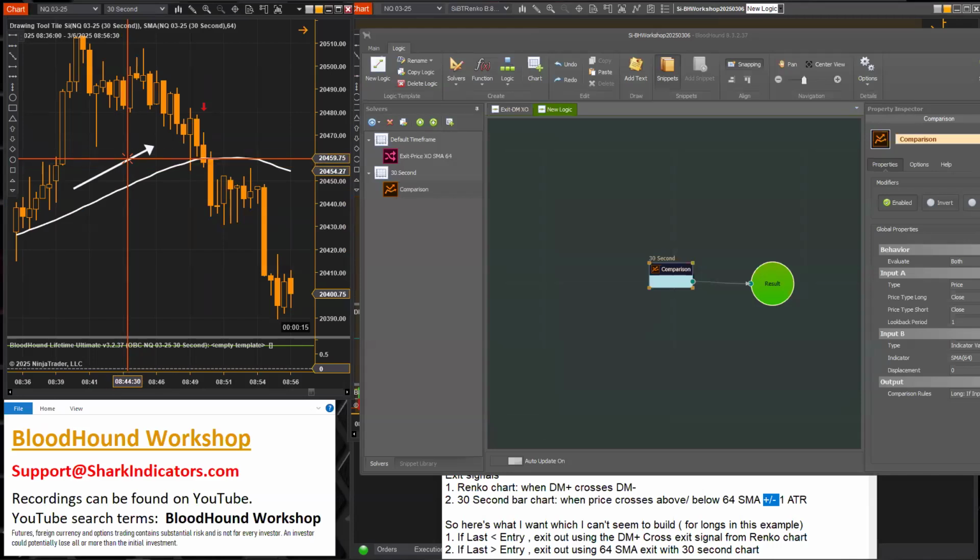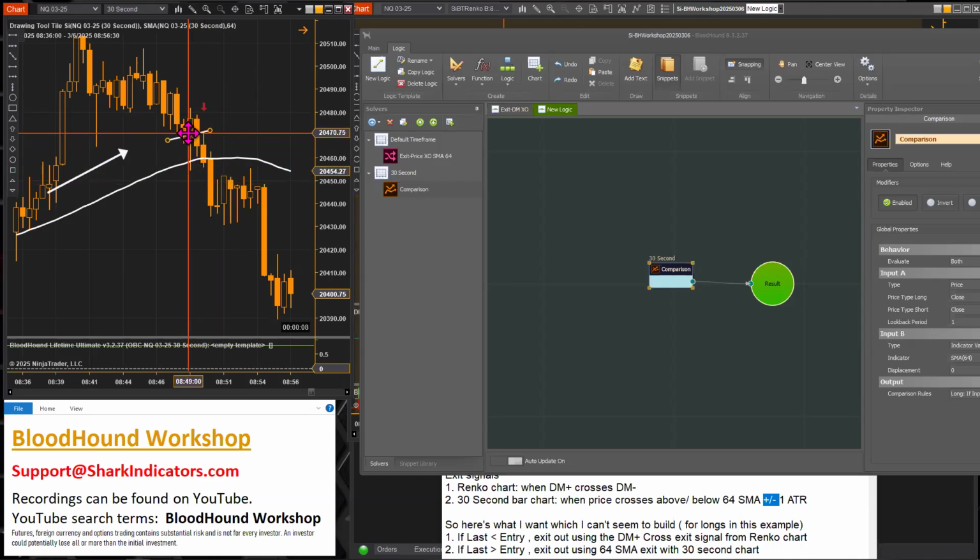If we're adding an ATR offset, that puts the SMA value up here. If we're adding to the SMA, that'll produce an earlier exit signal. If we're subtracting the ATR from the SMA, then the exit signal will come much, much later.